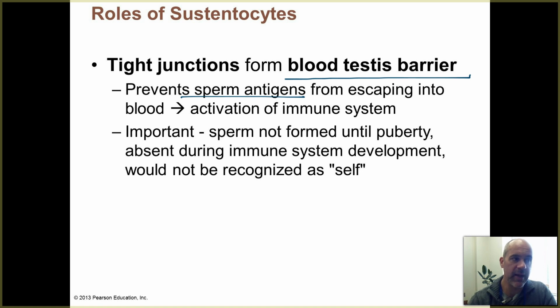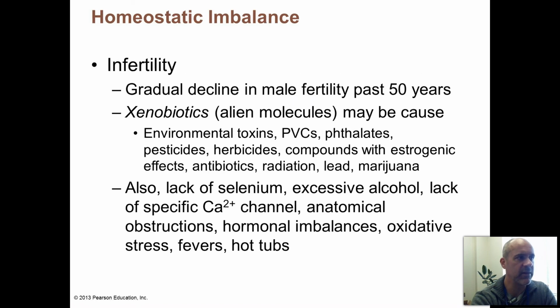So if sperm gets into the blood, then the immune system would learn to recognize these sperm as foreign to the body. The immune system is going to think this is some sort of an invader, like a microbe, and then you will develop immune responses to sperm. And those sperm would wind up getting attacked and killed by the immune system, and that could lead to infertility.